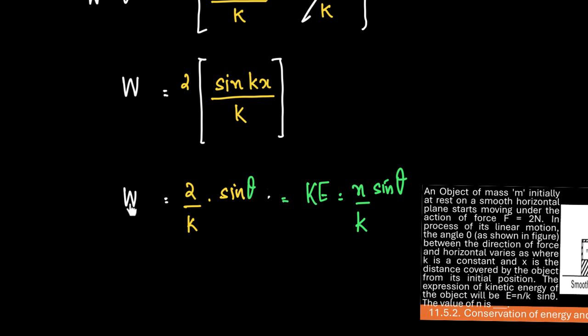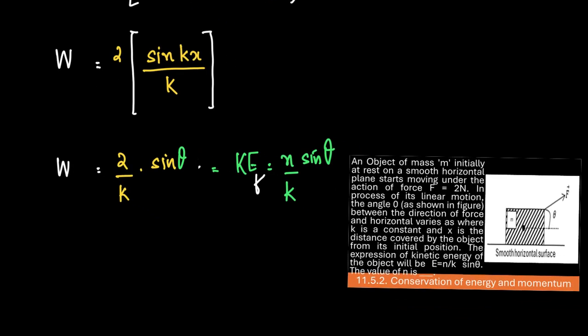Now, what is this work done equal to? Work done is equal to the change in kinetic energy. The change in kinetic energy is the final kinetic energy, because the initial kinetic energy was 0. According to the question, the kinetic energy of the object is E equal to n by k sin theta.